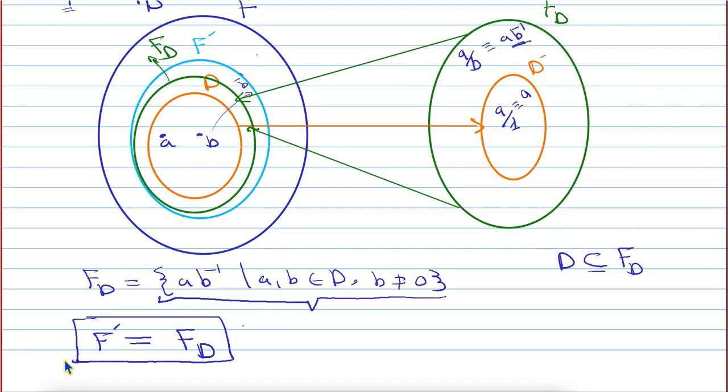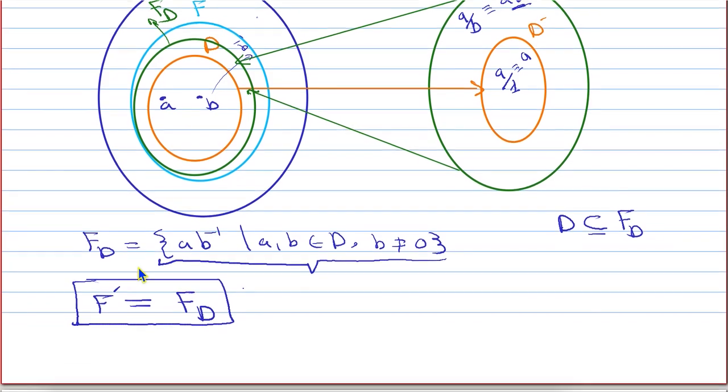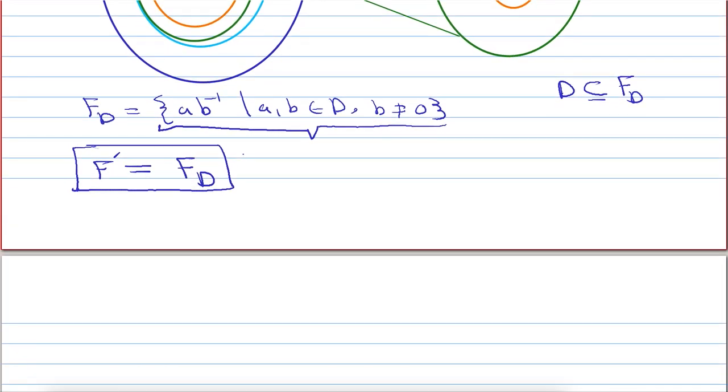Now this will naturally lead us to think about the case of two integral domains that are isomorphic to each other. What about their respective quotient fields? It turns out they are also isomorphic. So let's have a look at this situation.